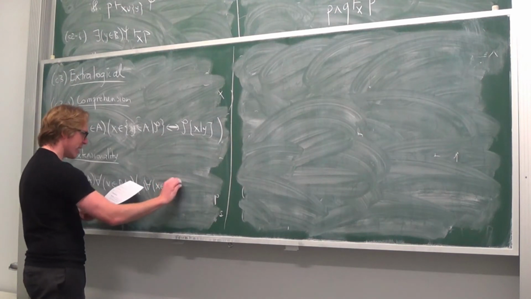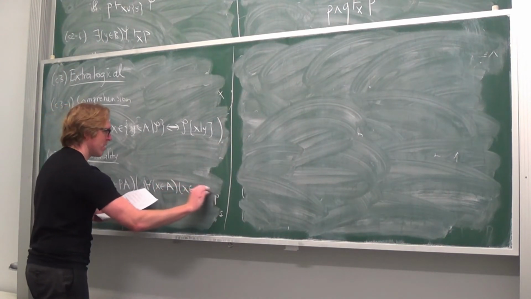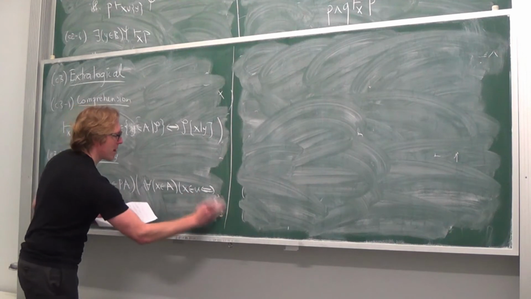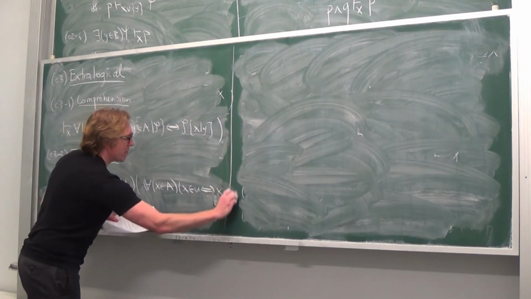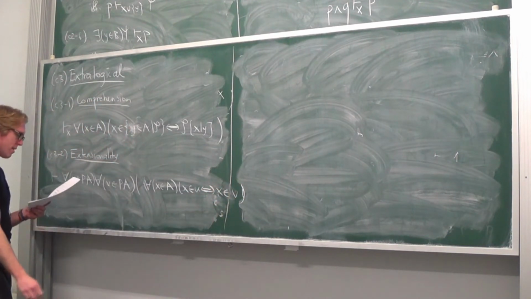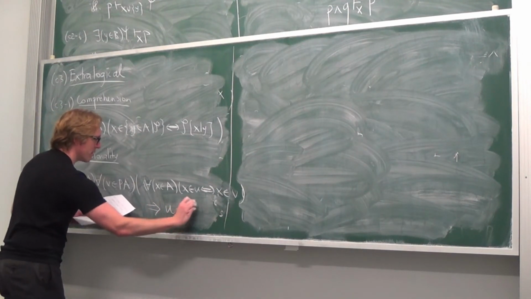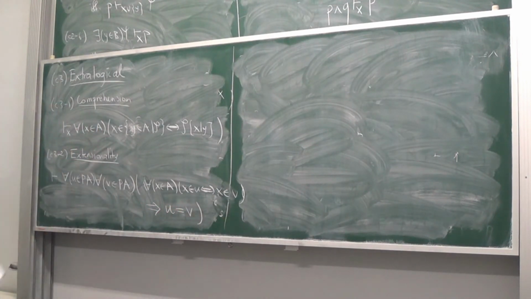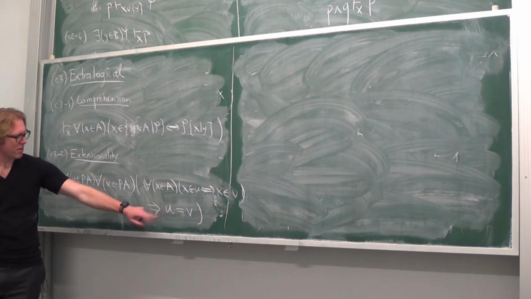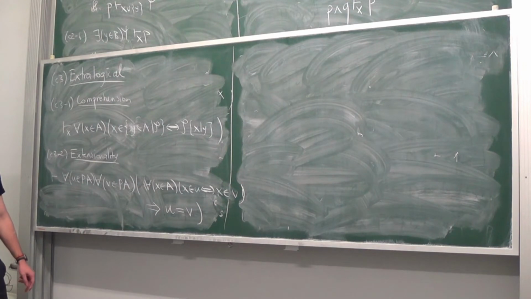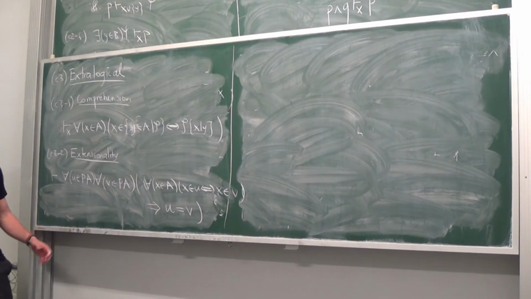So if for all x in A, x in U is equivalent to x in V, then U is equal to V. And remember, this was, for all T in PPA, U is in T if and only if V is in T.